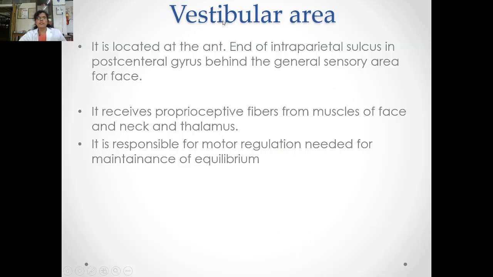Then the vestibular area. This vestibular area is located at the entry end of the intraparietal sulcus in the postcentral gyrus, behind the general sensory area for face. It receives proprioceptive fibers from the muscles of face and neck and the thalamus, and it is responsible for motor regulation needed for the maintenance of equilibrium.